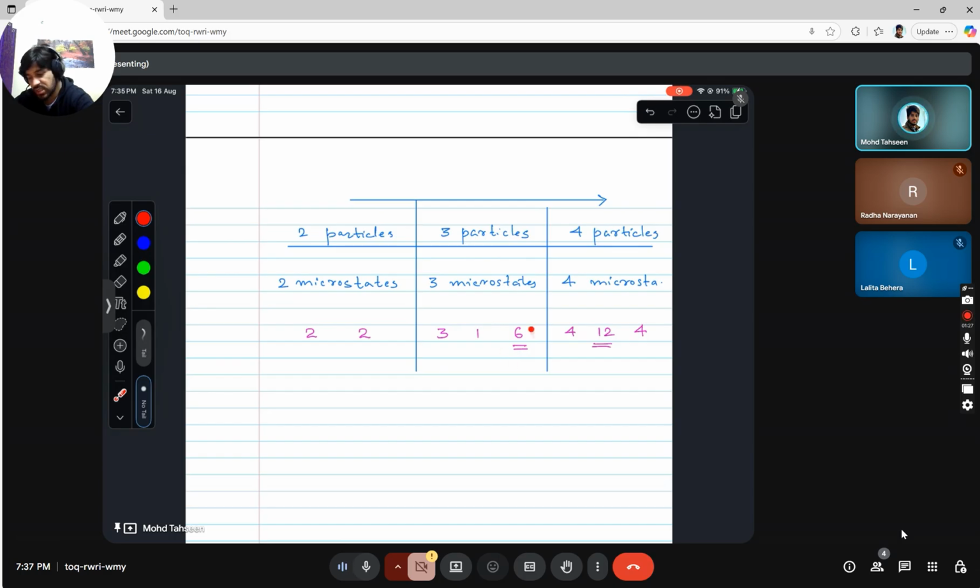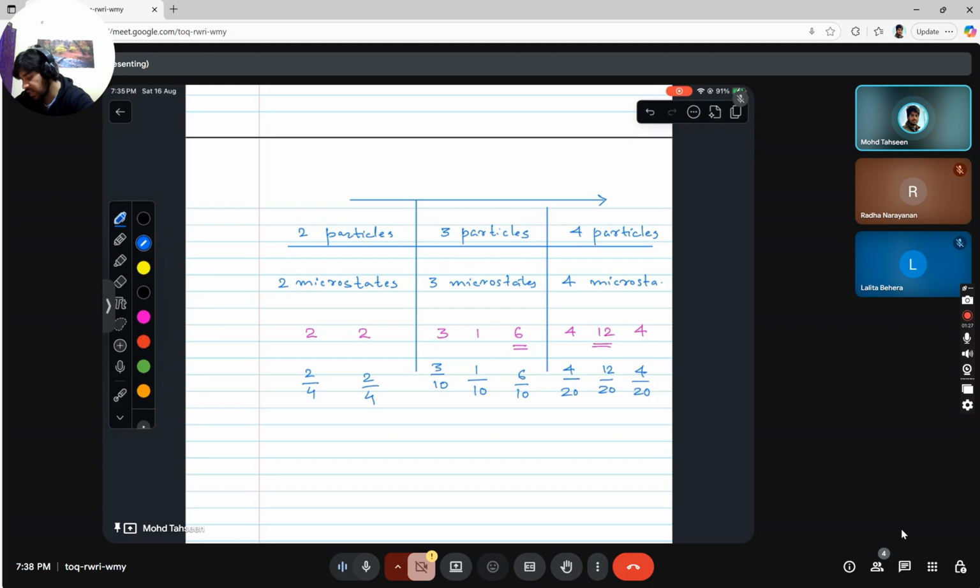The one which has the maximum probability would be 6 by 10, 6 divided by the total number of events. So here it would be 1 by 10, and for this microstate it would be 3 by 10, and here it would be 2 by 4 and 2 by 4. And here it would be 4 divided by the total sum. The total sum is 20. For this one it would be 12 by 20 and 4 by 20.